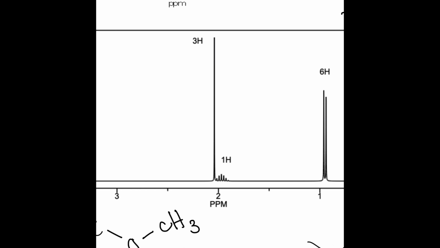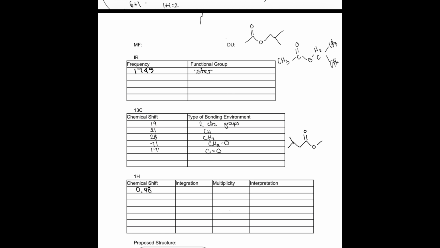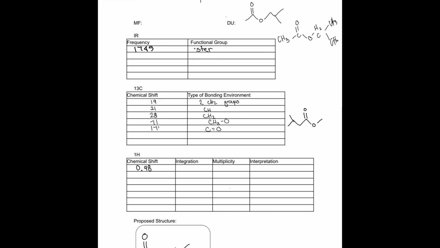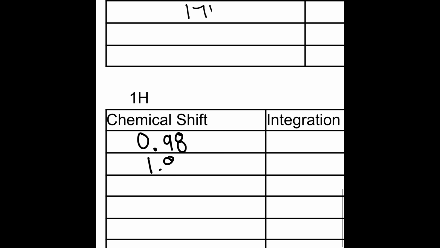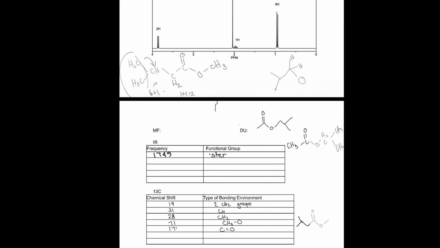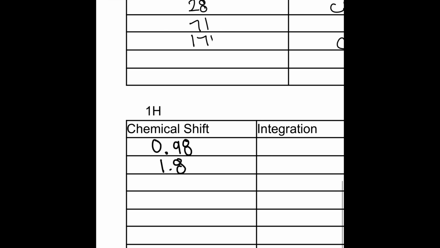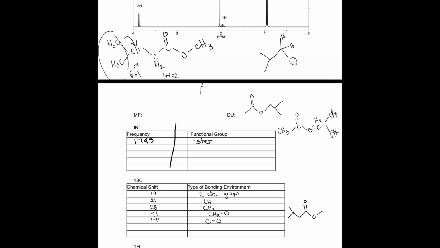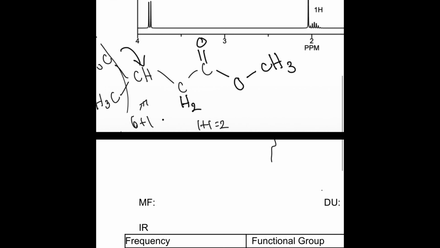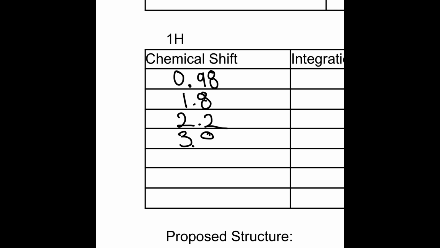We can call this about a 1.8 for 1H. And the 3H peak is at about 2.2. And the last peak, the 2H peak, is at about a 3.8 there. So we can go ahead and write that chemical shift in there.